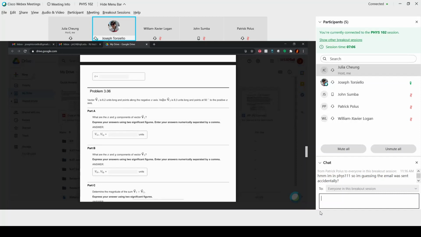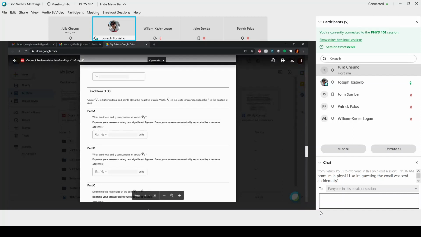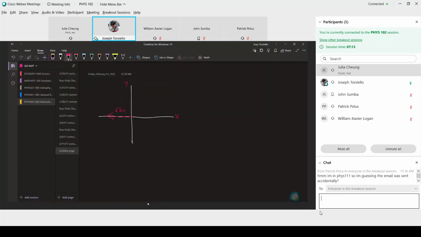And vector v2 is 8.3 units long, and it points 50 degrees to the positive x-axis. So that would look something like this. 50 degrees. And you know what? Instead of these, let me just label them vector 1 and vector 2.